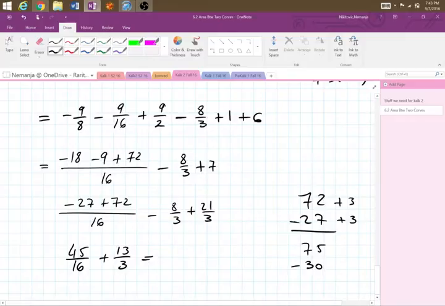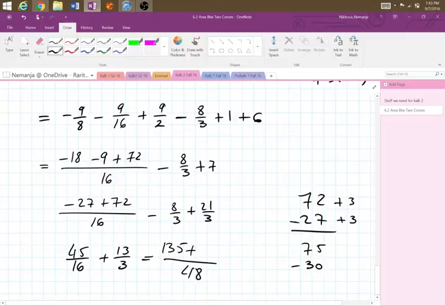And what are we going to do for 16 and 3? Yeah, what is the common denominator? 48. So now 45 times 3? Yeah, 135. How do we know that? Because 40 times 3 is 120 and then 15, right?